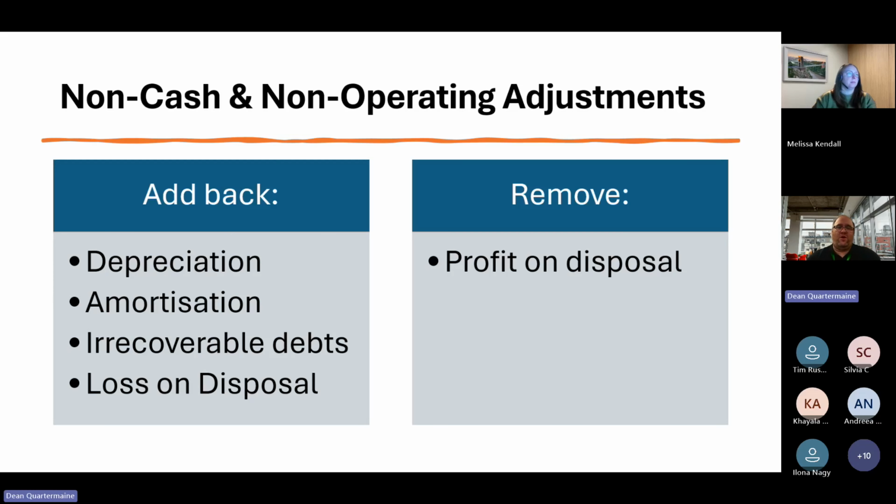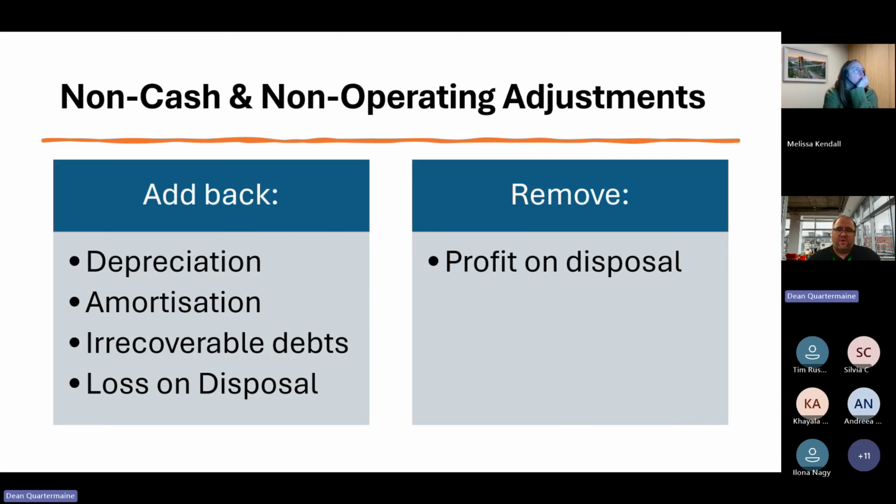So, non-cash items then. How do we adjust for items that aren't cash and non-operating adjustments? So, if you think about depreciation, for example, depreciation is probably one of the greatest examples of something that affects profit, but very much is not cash.